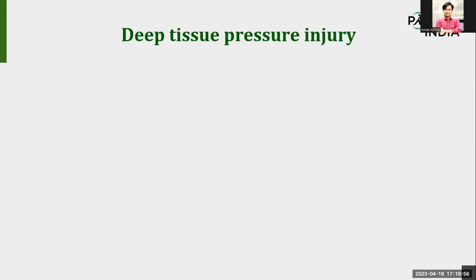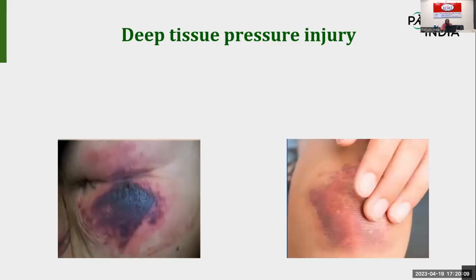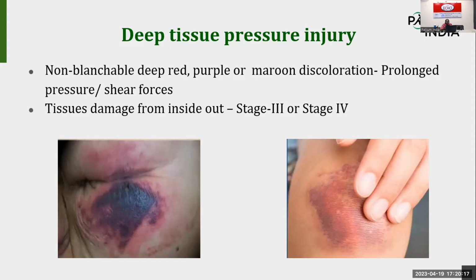And the next one is deep tissue pressure injury. As I discussed earlier, shearing force: if you apply a shearing force to the skin, after maybe 1 or 2 weeks this kind of ulceration will be there. This is deep tissue pressure injury: non-blanchable, deep, dark red, purple, or maroon discoloration.